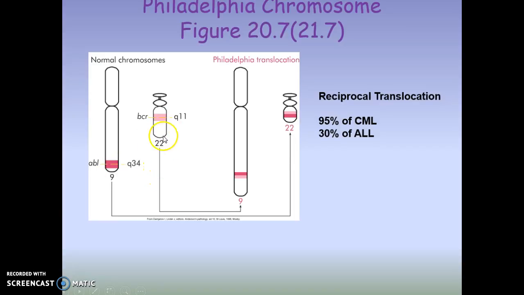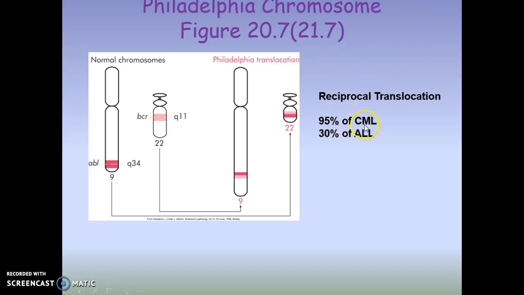But with the Philadelphia translocation, you have the swap of the bottom part of 22 and the bottom part of 9, and this is what you end up with. These two genes, ABL and BCR, being together is thought to cause those leukocytes to become cancerous and go off the grid, so to speak.